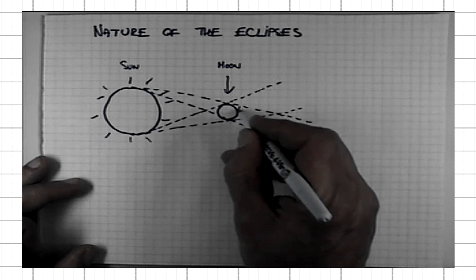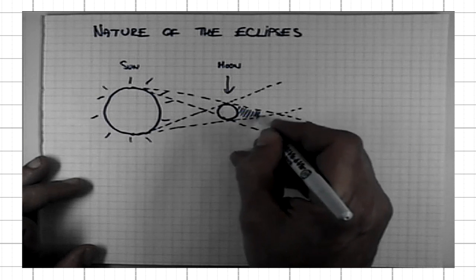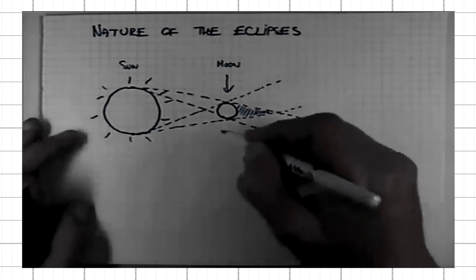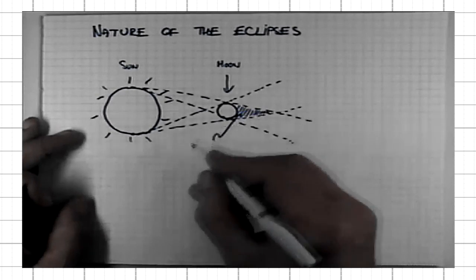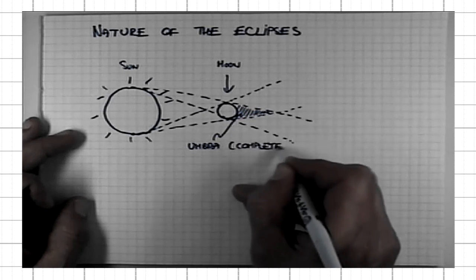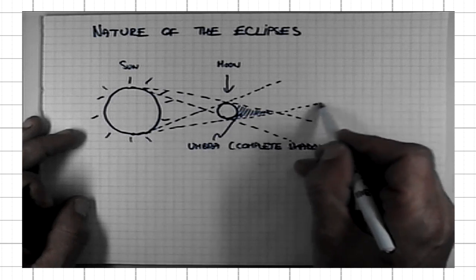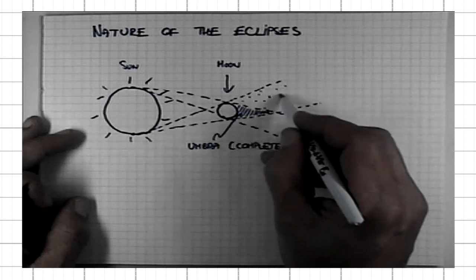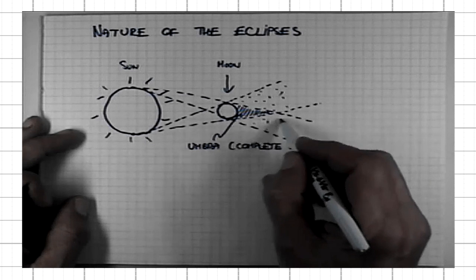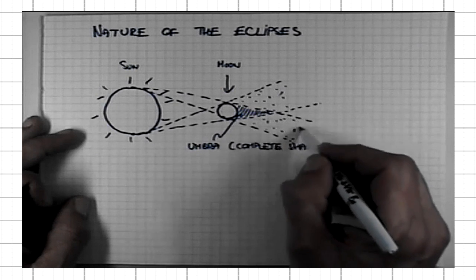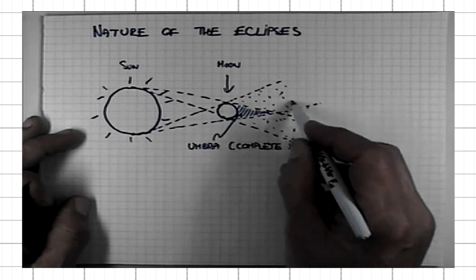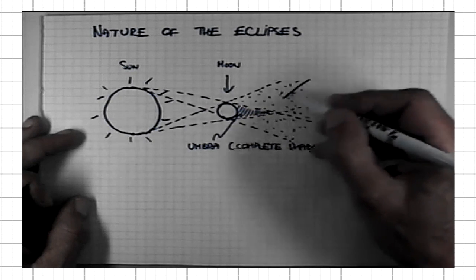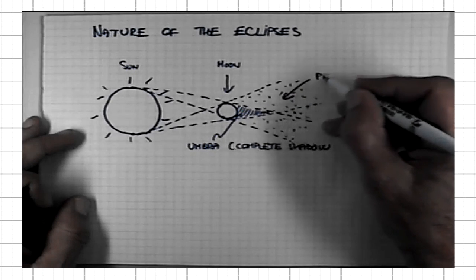And in this region here, I have complete shadow, or umbra. Okay, and here I have partial shadow that I denote with the dots. And that is called penumbra.